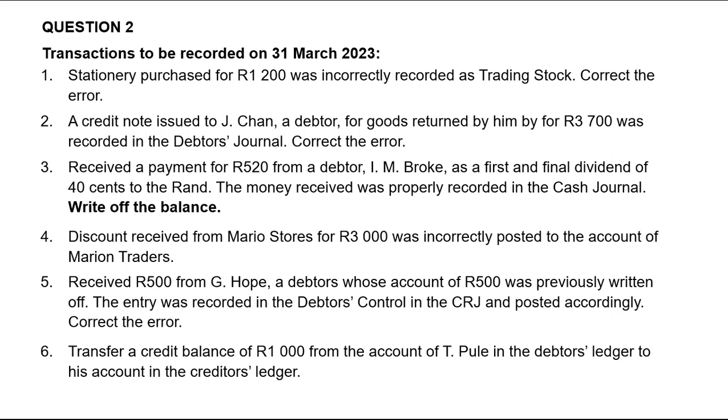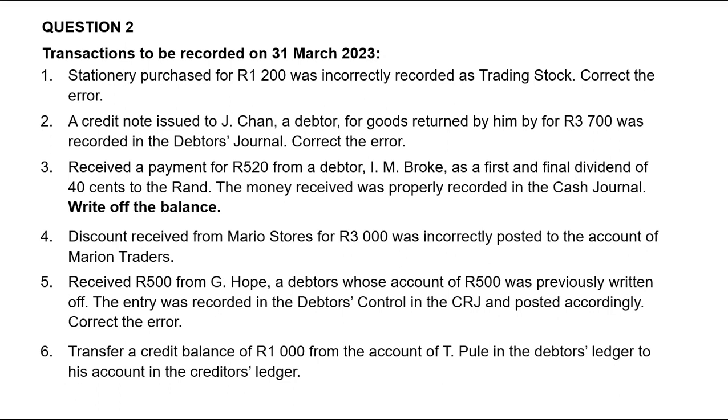Basically, what happened is that they debited trading stock and they credited bank or creditors control. The debit is wrong. Why do I assume that they debited trading stock? Because they said they purchased.